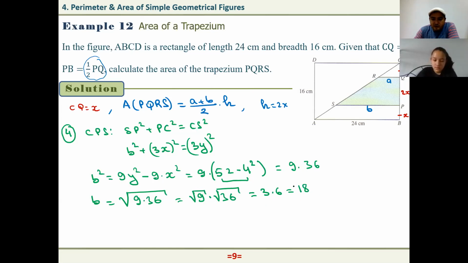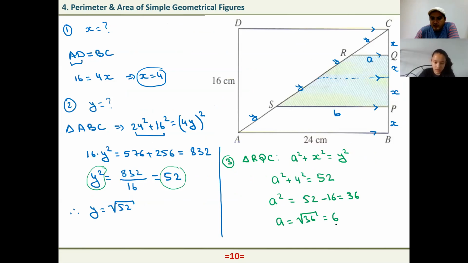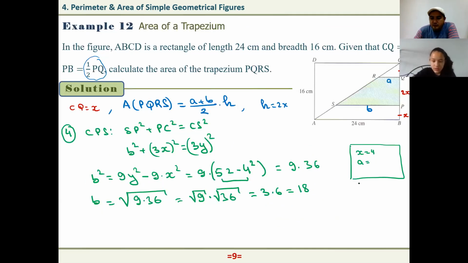Finally, Shahina, we got the value of B. Let me write here in a small box what we found. What is the value of X? 4. And what is the value of A? From here, A equals 6. And what is the value of B? From here, 18, right?